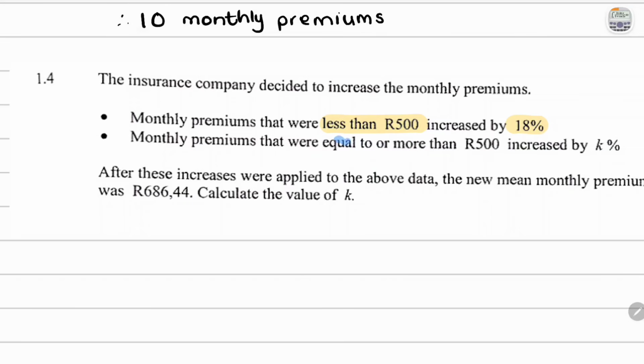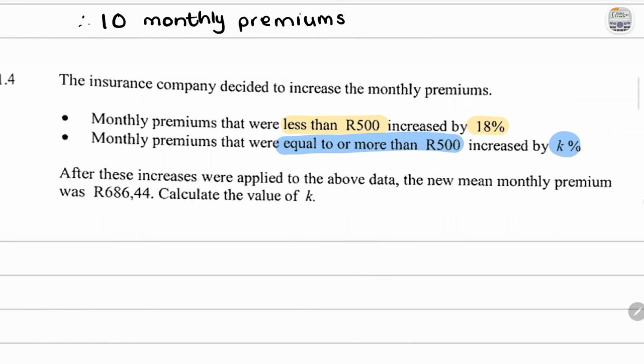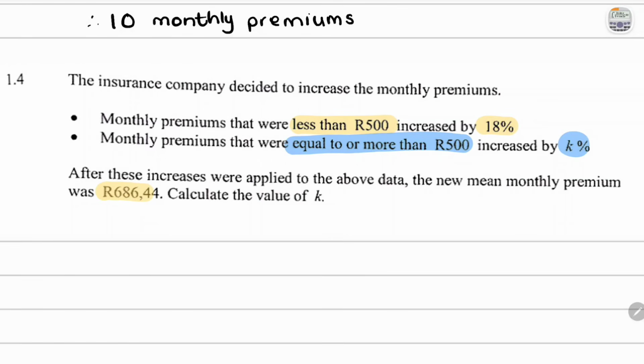So we have these split into two categories. It can either be less than 500 or equal to or greater than 500. After these increases were applied to the above data, the new mean monthly premium was 686.44. Calculate the value of K.